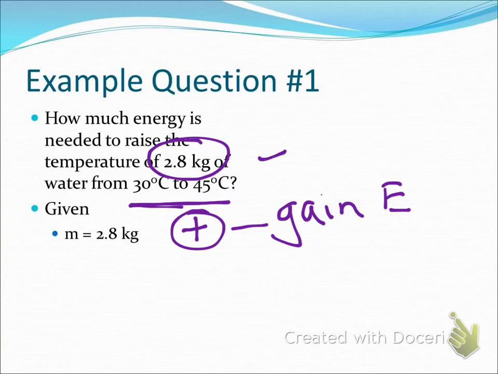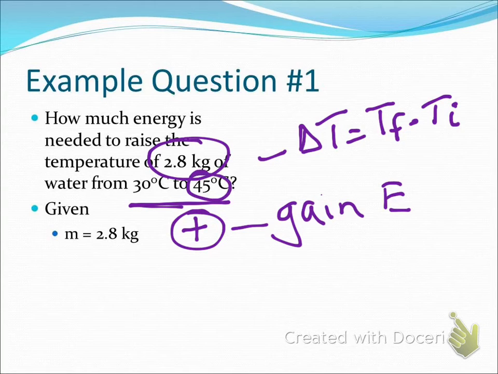And again, if you look at your delta T, or your temperature change, it's equal to your final temperature minus your initial temperature. So again, this is my final, which is going to be 45, and my initial is going to be 30. So that's going to be a positive temperature change. And when we start talking about heat exchange, going from one substance to another, that's super important to know whether it's a positive or a negative energy change.